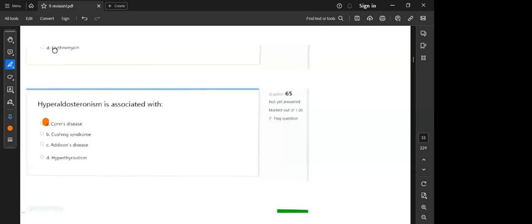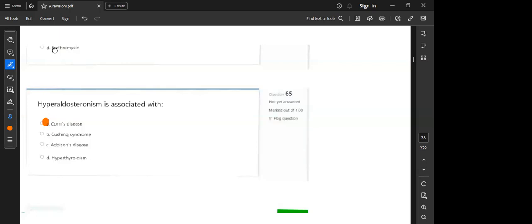Oh, for Cushing's, I thought Cushing's is the opposite of Addison. Cushing is for cortisol, and Addison, what are we talking about? They're the opposites. Like the causes are opposites. One is caused by high and one is caused by hyper.